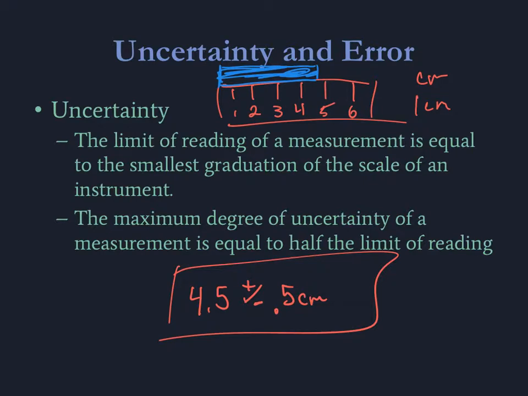What this means is that we can say with almost 100% certainty that the actual measurement of that blue bar is somewhere between 4 and 5 centimeters. This is a fairly straightforward example, but you can see that that's pretty clear. If we have smaller divisions, then we have smaller uncertainty. And that's always a good thing.